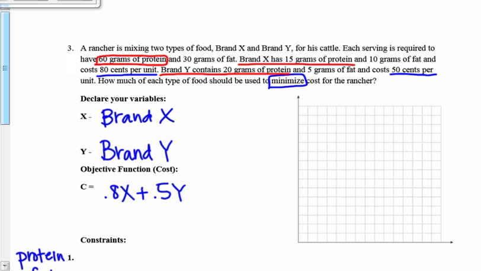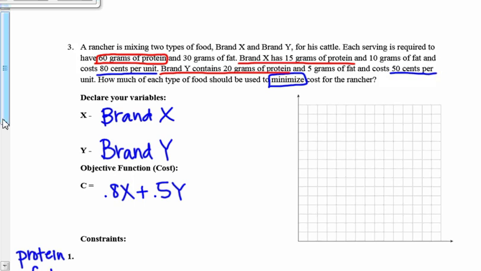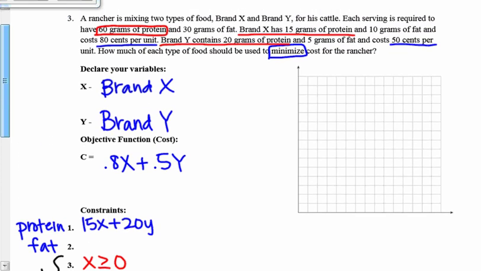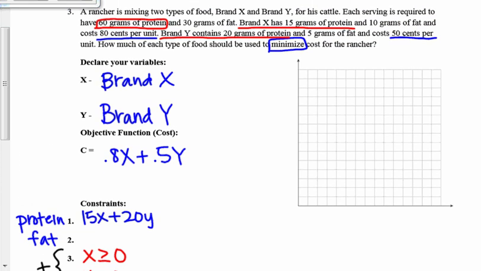So if I have 15 grams of protein per unit of brand X and 20 grams of protein per unit of brand Y, I'll go ahead and write that out. 15X plus 20Y. That has to be related to 60 somehow. So I have to have 60 grams of protein in my mixing of my food. Now, it can't have less. It could have more, but it has to have at least 60 grams of protein total, which means I'm going to set that greater than or equal to 60.